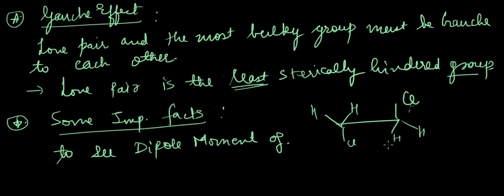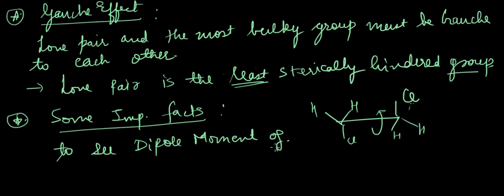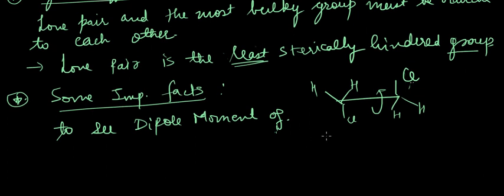So if this is the compound I give you, you can rotate it across this bond to see if a dipole is possible in any of the other forms, particularly in the gauche form. If it's possible, then the overall dipole moment of the compound would not be 0.